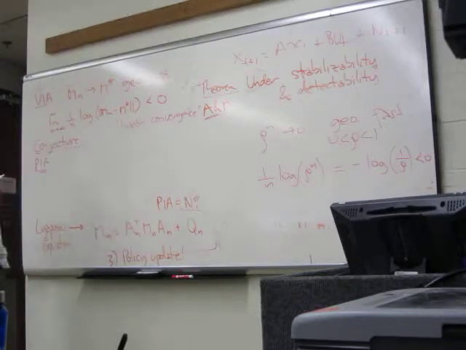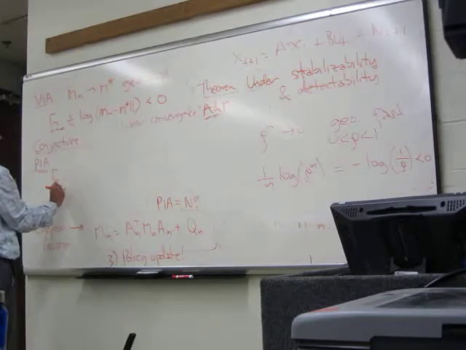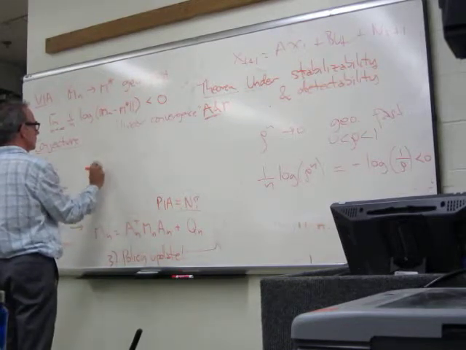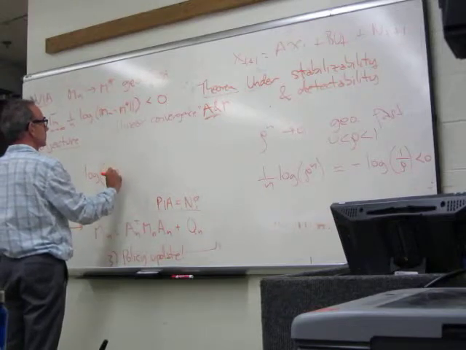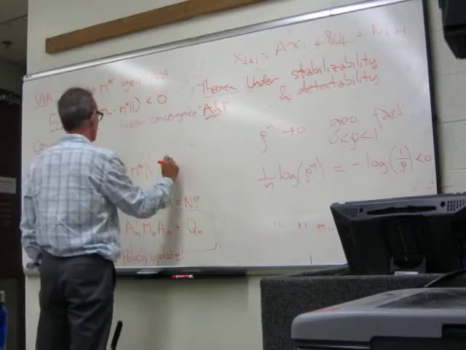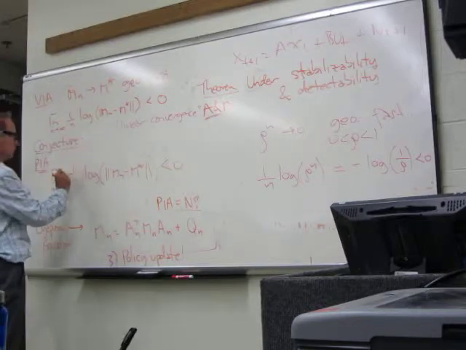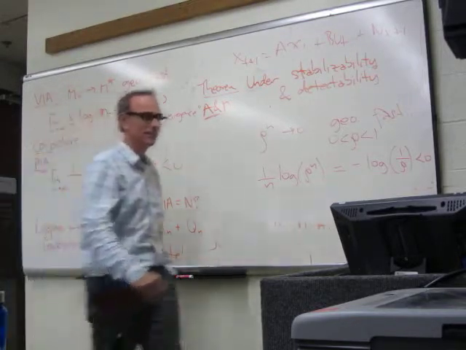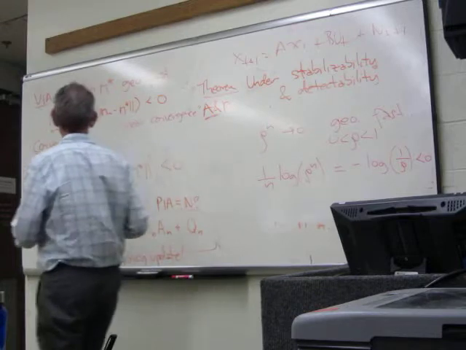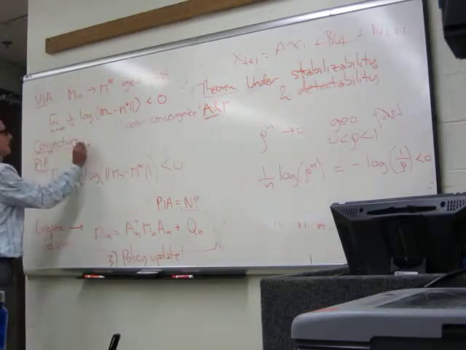So the same thing holds. But that's not what you'd get if you pick up any book on convex optimization. You would get 1 over n squared. But that's the conjecture.